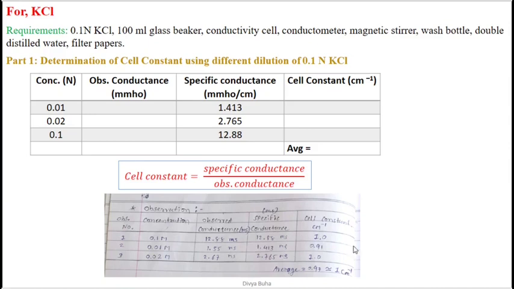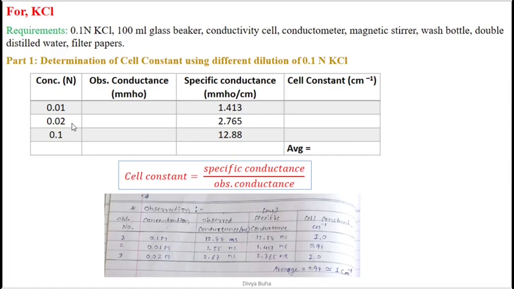So over here we will be considering 25 degrees Celsius as the standard temperature. Whatever the temperature of your solution is, we will consider it to be 25 degrees Celsius. And at 25 degrees Celsius, the specific conductance of 0.01 normal KCl is 1.413 millimho per centimeter. This is fixed.